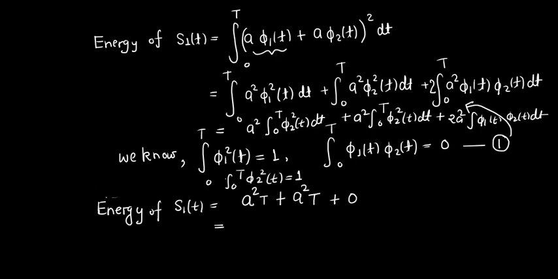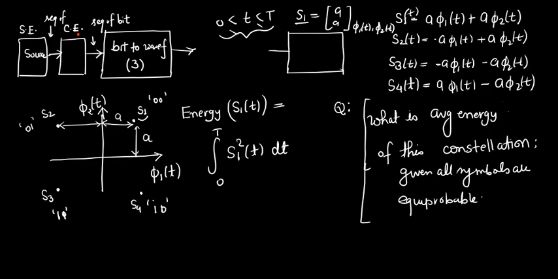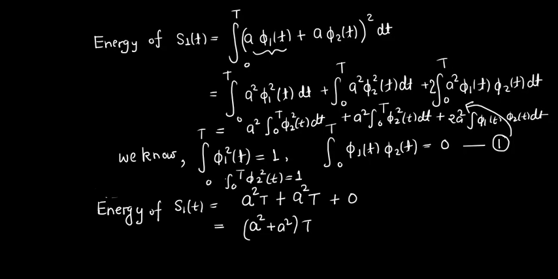So if you see, the power would be A square plus A square, right? T would be going along. So that is why I have written here energy or power, because you will get either of those. So 2A square T, yes or no?